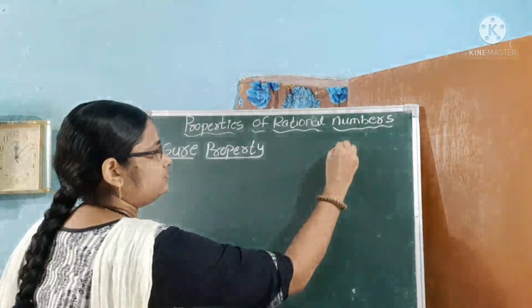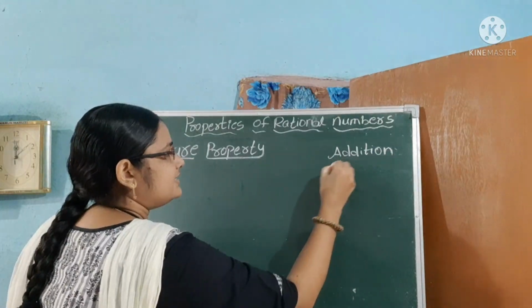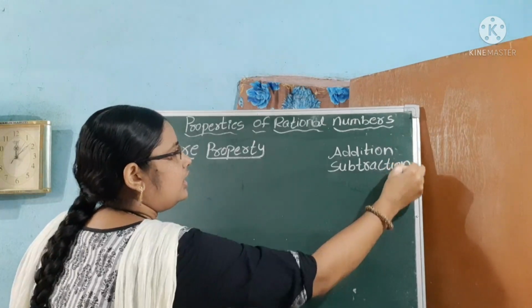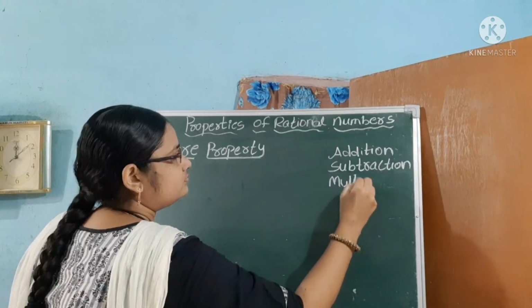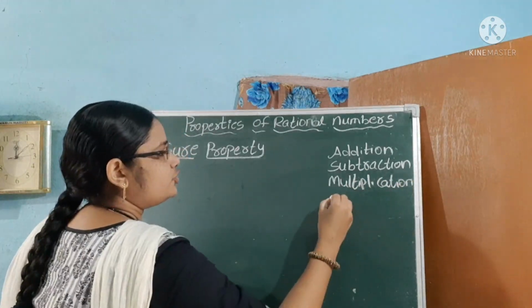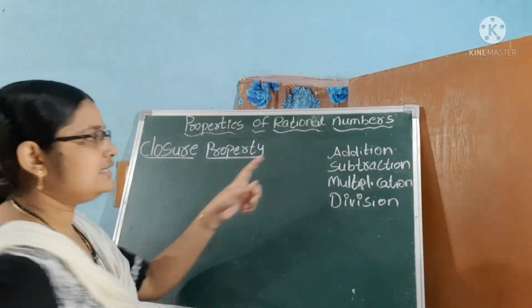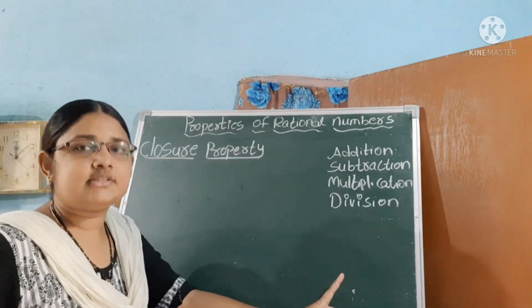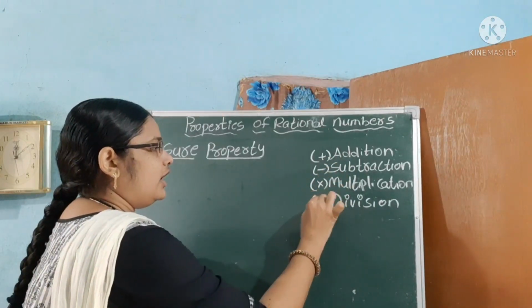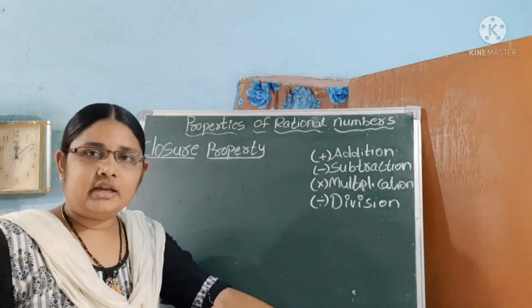Addition, subtraction, multiplication and division. We check all the properties in these 4 binary operations.